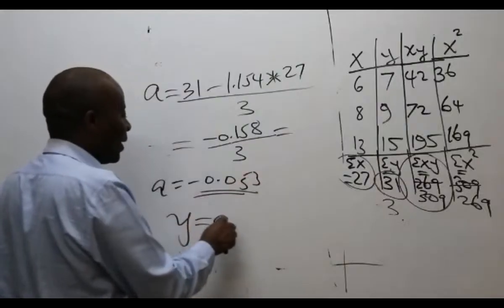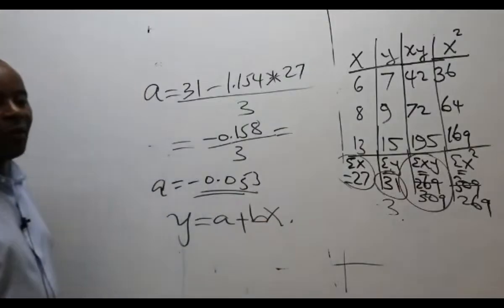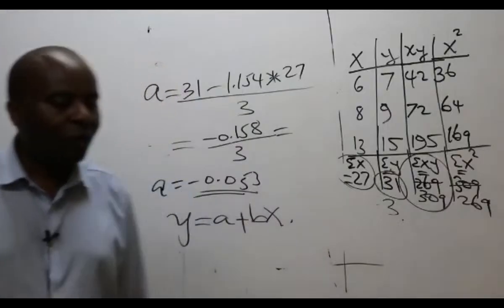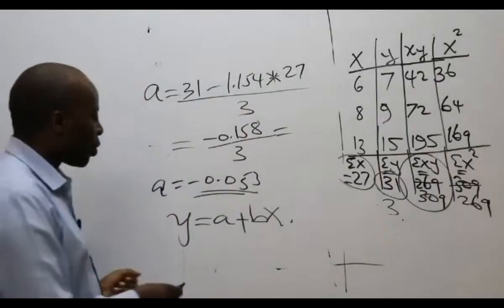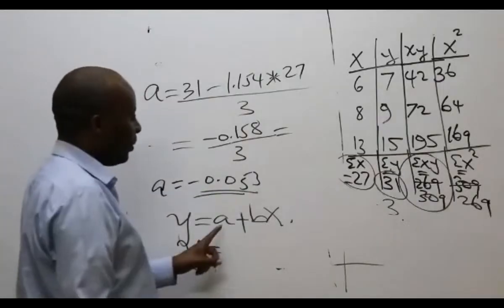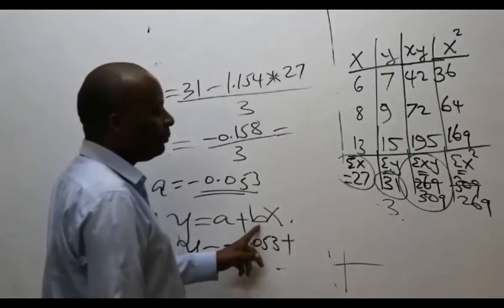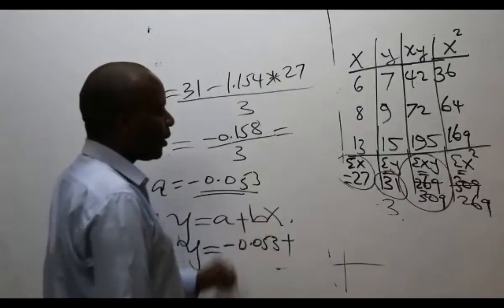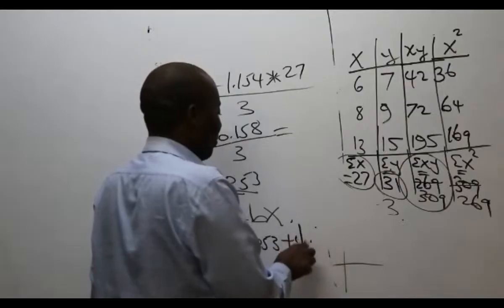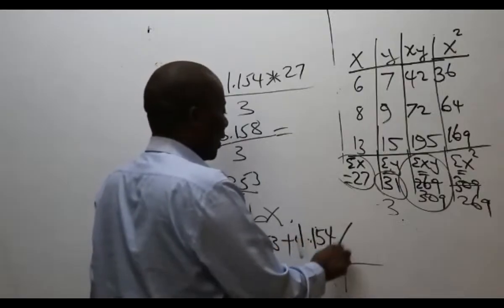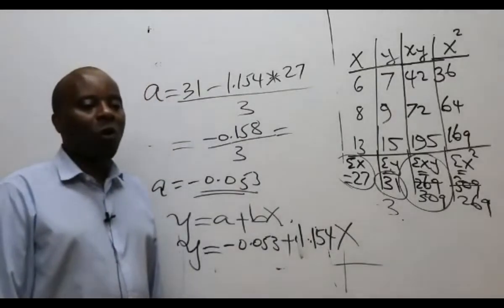Therefore, you have a responsibility of writing the formula for y, connecting y and x using the connectors A and B. So my y here will be equal to A, which is minus 0.053, plus B, 1.154 x like that.